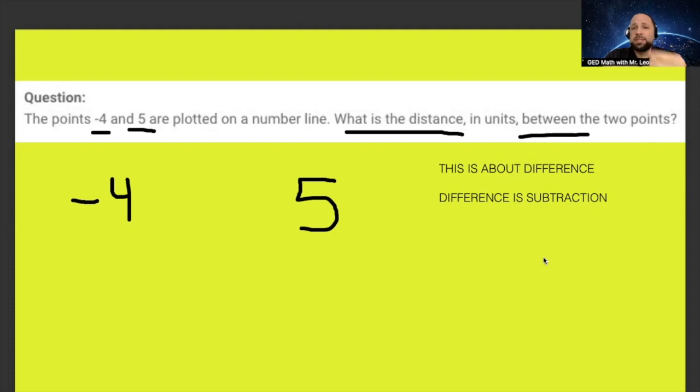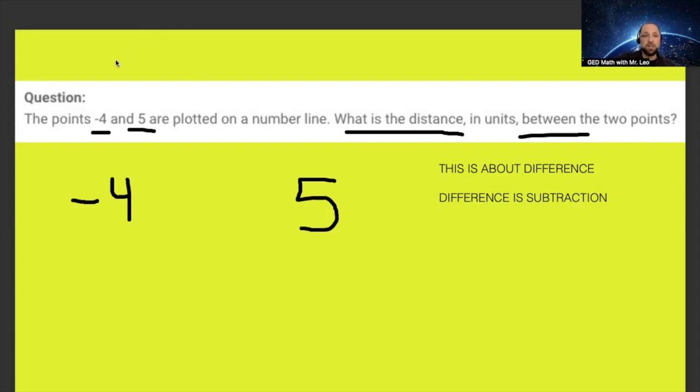What's the difference between 10 and 15? Well, that's 5. Well, what did you really do? You just did a subtraction. 15 take away 10. What's the difference between 1 and 3? Well, that's 2. You just did 3 take away 1. So if they're asking the distance between 2 numbers, they're asking what's the difference between the 2 numbers. And that is subtraction.